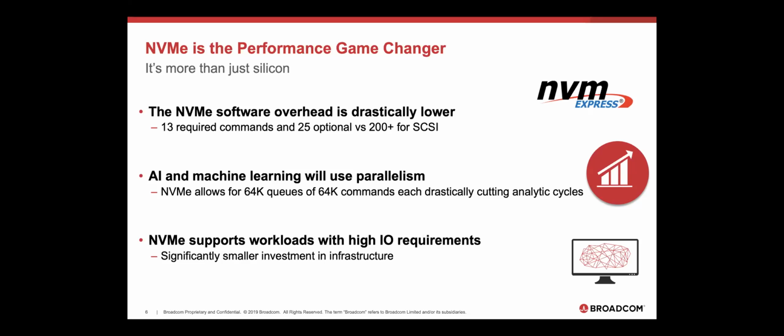And the example that he mentioned was, think about if your hypervisor can, for each virtual CPU, dedicate an IO queue for each of those, how much parallelism you could get out of your hypervisor. Obviously, this could also apply to any kind of analytics application or other applications where parallel multi-threading is an advantage.